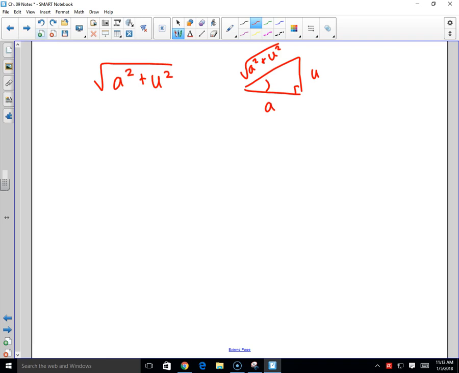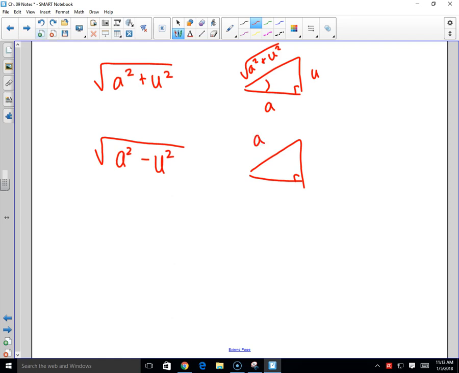What if I was to give you something like this instead? That's the B, not the C. It needs to be a leg, not a hypotenuse, right? What is the hypotenuse?